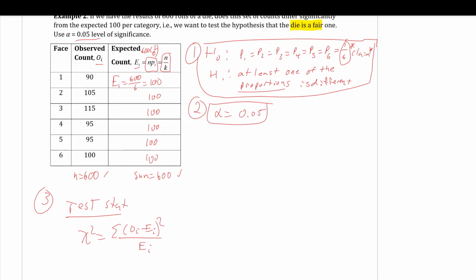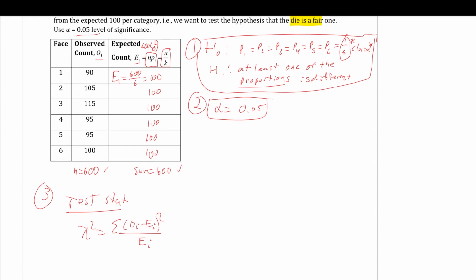For those of you using the Math 200A, you would have to call observed L2 and expected L1, but if you're using the function in your calculator, you don't have to worry about that. But just for fun, I'm going to call this one L2, this one L1, and I'll put that in my calculator in that order. So let's go to the calculator.